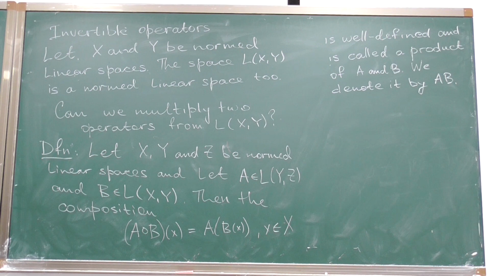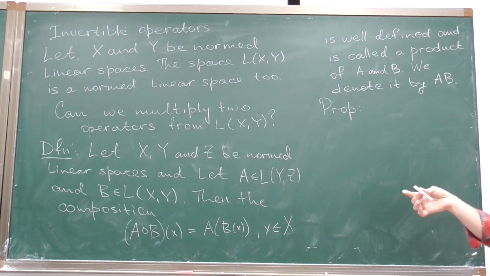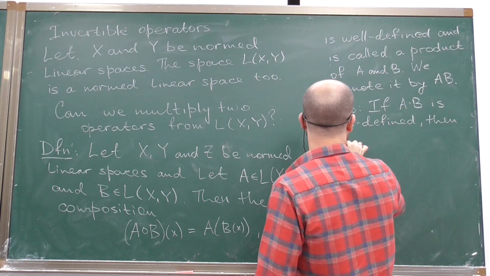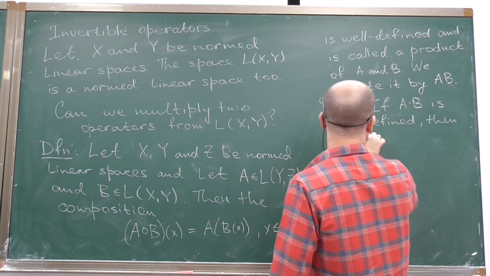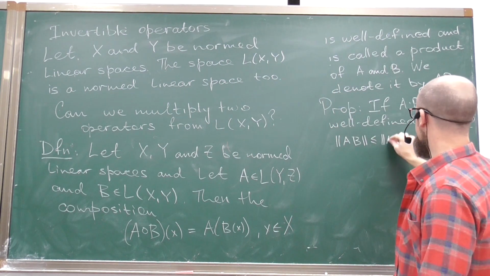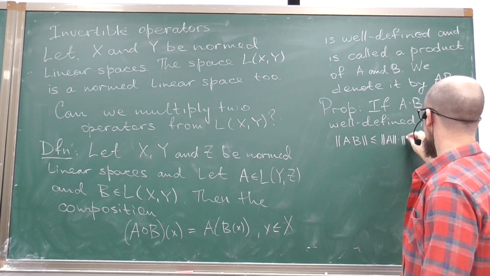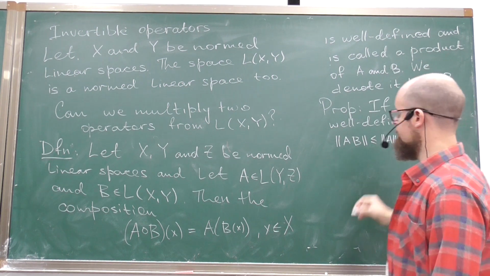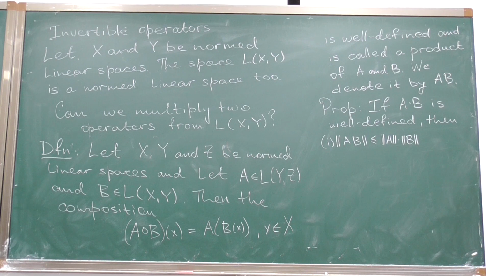Let me state fairly straightforward properties of the product of operators. So let us suppose that the product of A and B exists. The norm of AB is less than or equal to the product of norms, which is fairly straightforward from the definition of the norm of an operator.